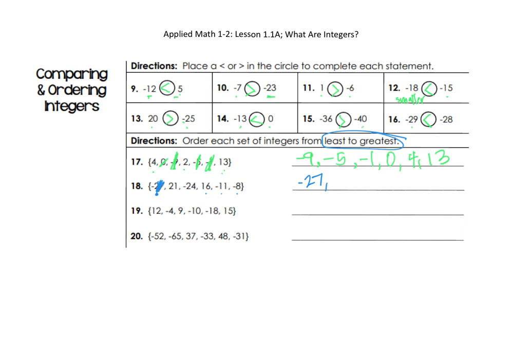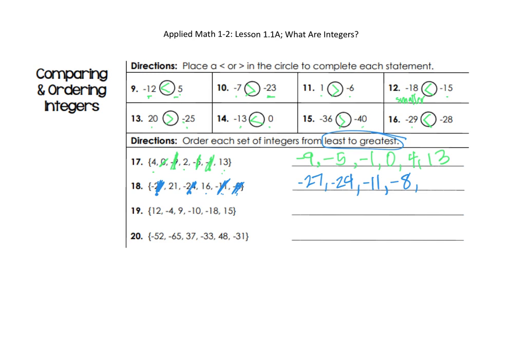The next largest negative number will be the next smallest number, so we're going to have -24. We have two more negative numbers here, negative 11 and negative 8. Negative 11 is a larger negative number, so we're putting it down next, and then negative 8.